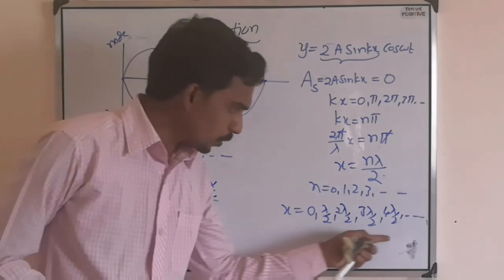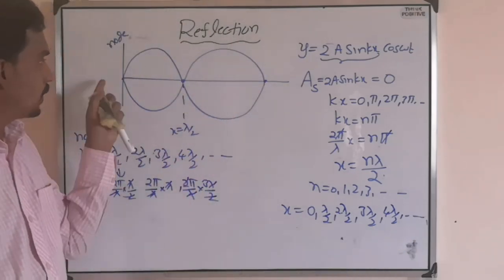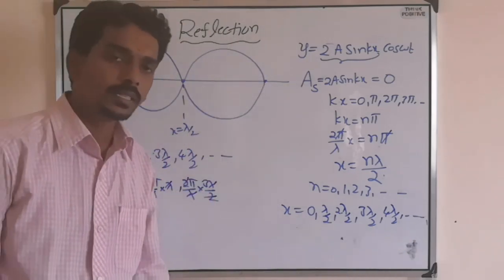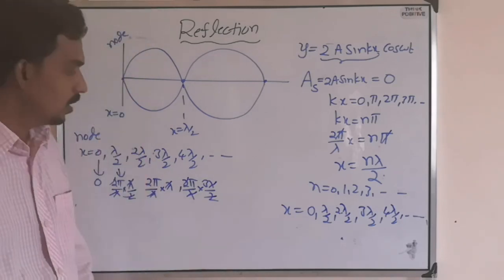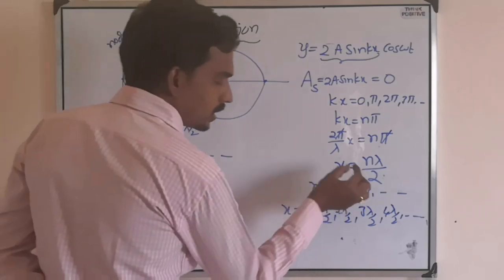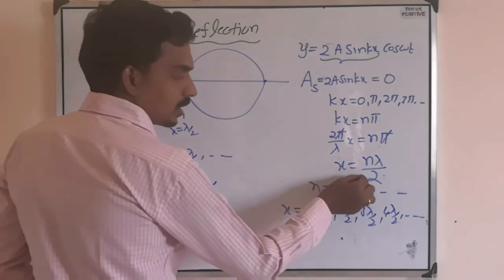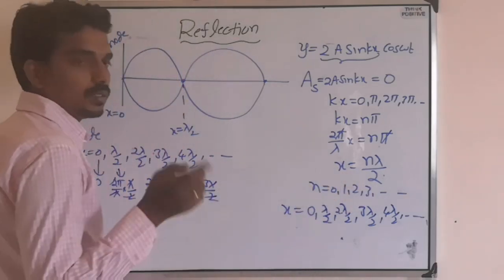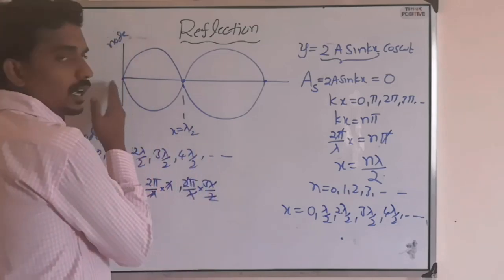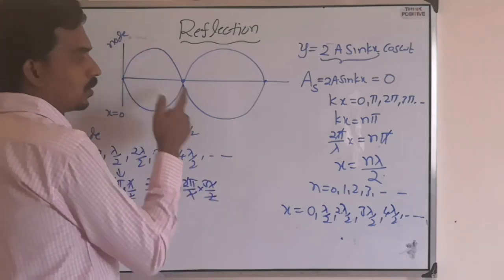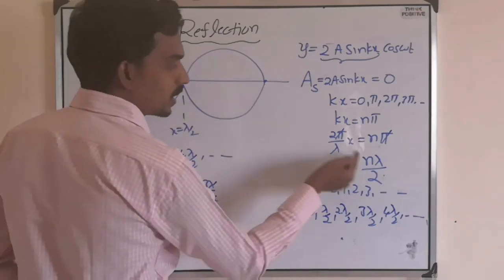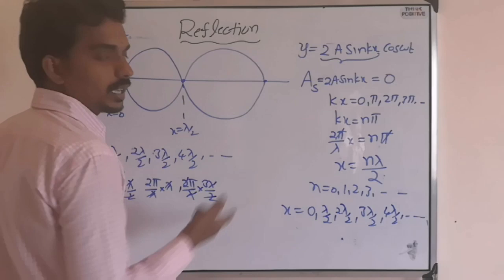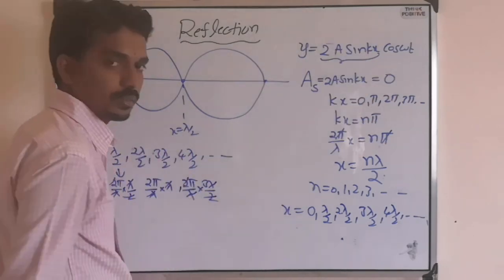For all these positions of x, the amplitude is minimum, that is 0. That is what we call a node. So this is the condition, or the position, of a node. From the starting, the first node is n equal to 1, the second node is n equal to 2, the third is n equal to 3, and so on.